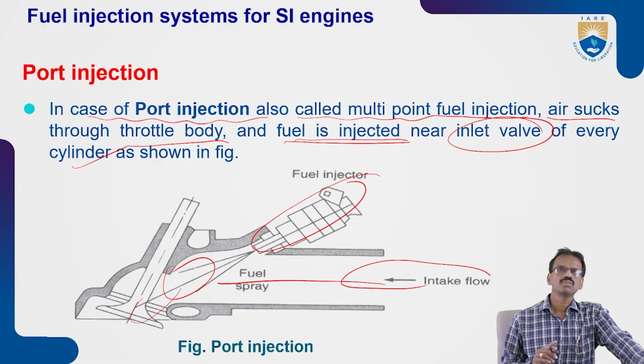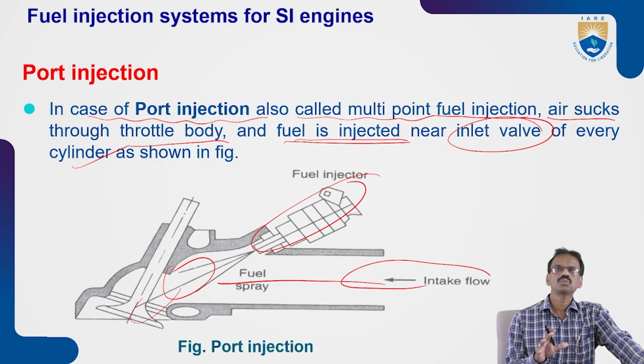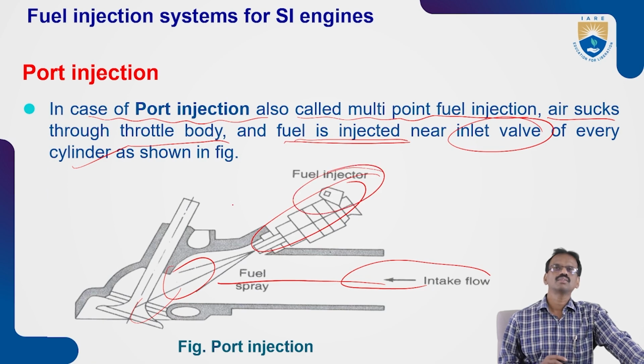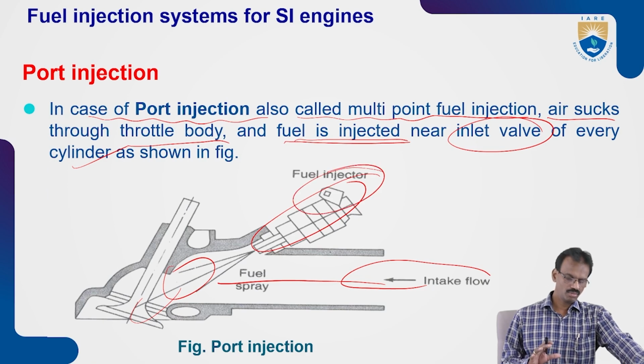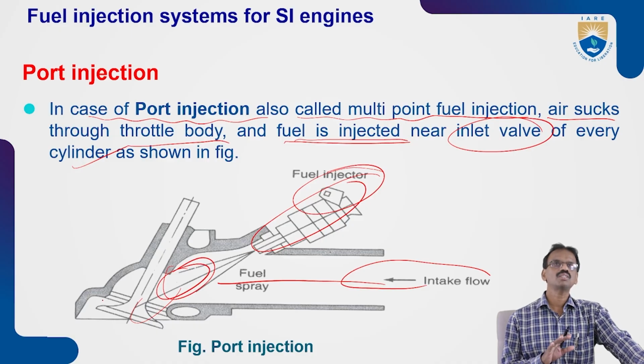It means air is taken through the throttle or inlet manifold, but for every cylinder, very near the inlet valve, only the fuel, the petrol, is injected. So this is the port injection.